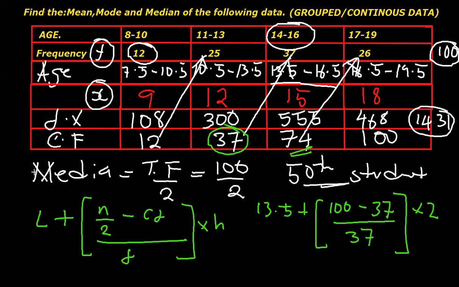That gives me 3 point something. And then once I get that, I'm going to add my 13.5. So it means my median is actually 16.9. That's my median value, 16.9, right? 16.9 is my median.